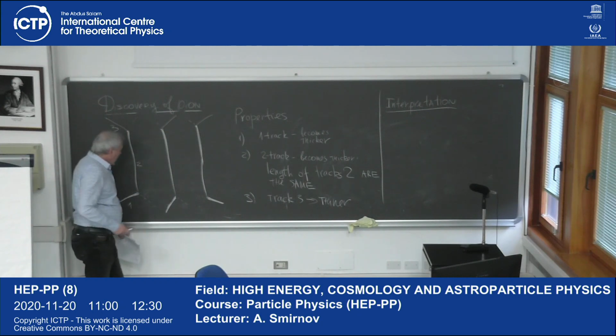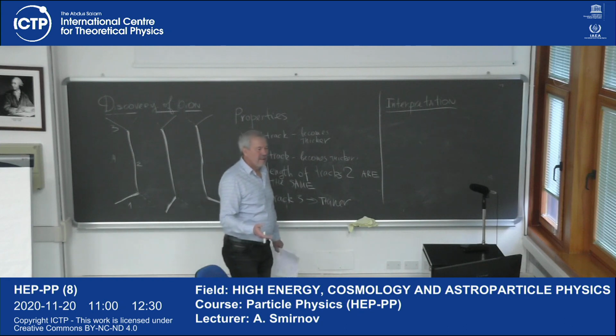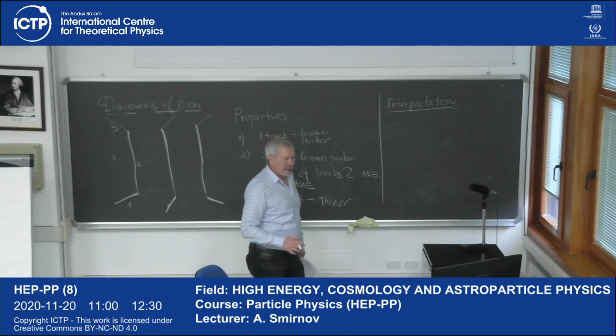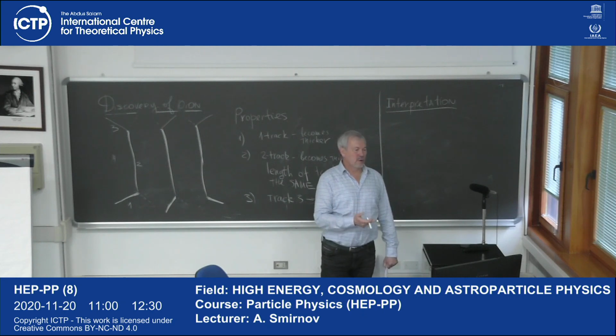Now, why are the tracks of the same length? It even kind of contradicts quantum nature, right? You have decay. When we talk about decay rate tau, or lifetime, eventually this is a quantum process, which means that these are characteristics on average.